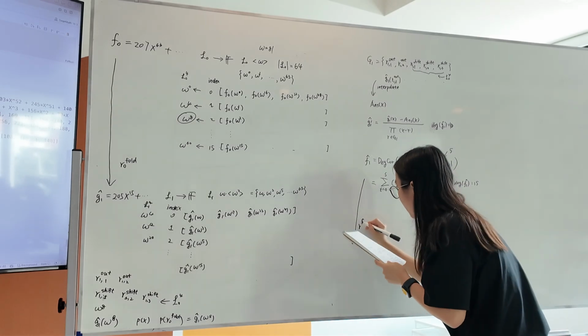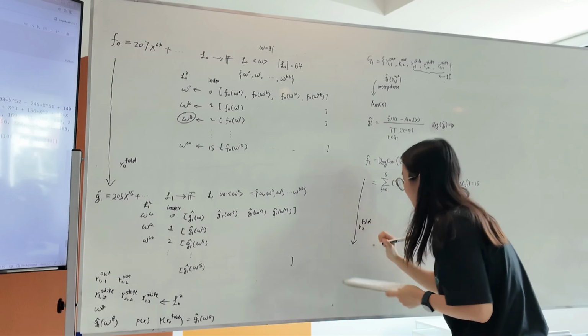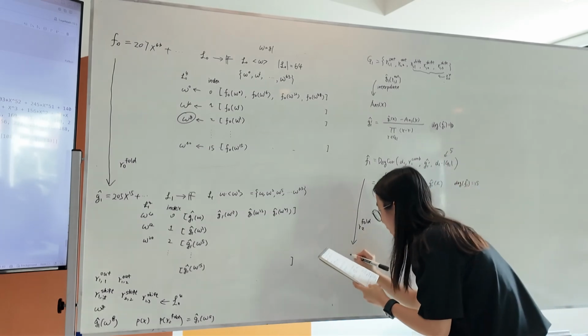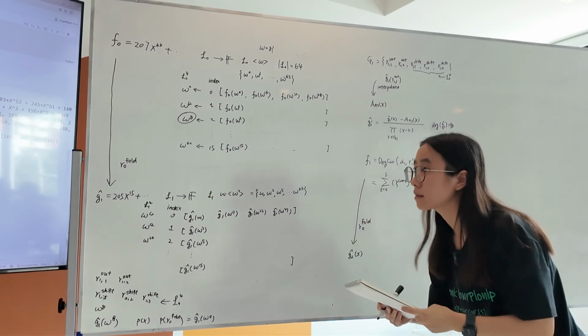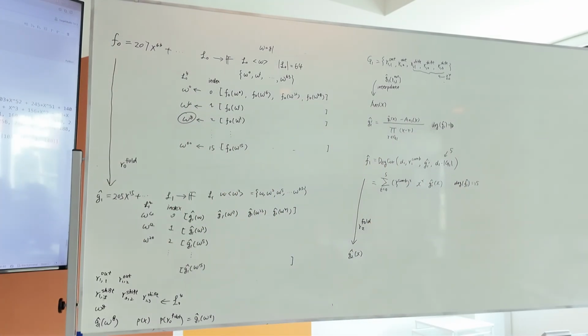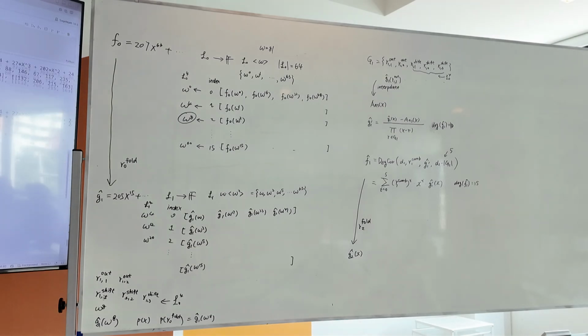We'll choose another randomness for this one and get G2x. This is the next round.